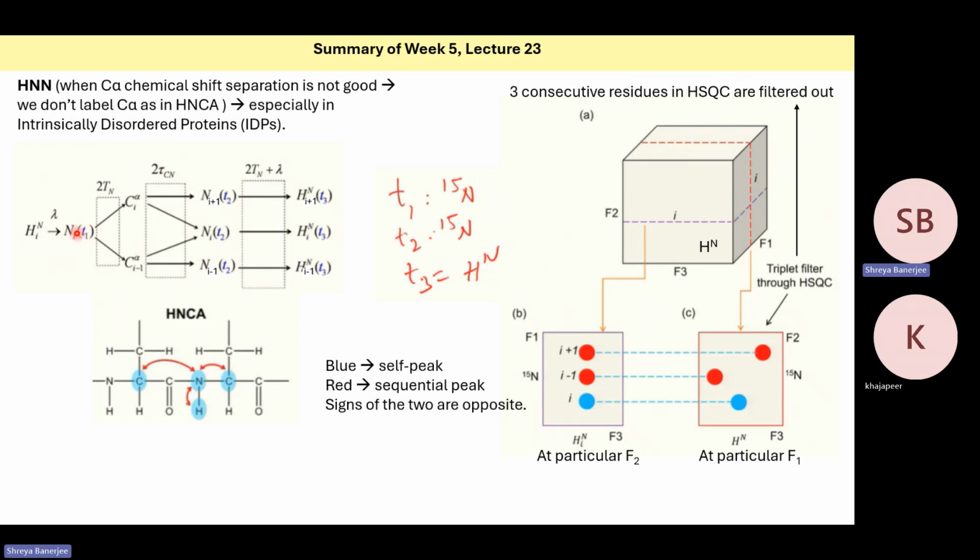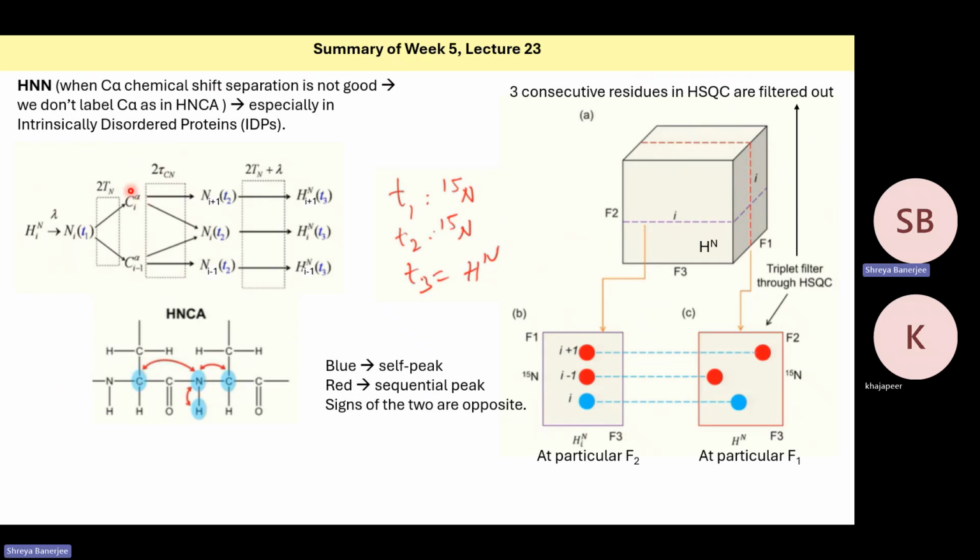Whatever is shown in the bracket as T1 forms your F1, or first frequency axis, and that is detected in the 3D spectra. So your T1 is 15N. Then from the amide N, it is transferred to the C alpha of the same residue and the C alpha of the I minus first, that is the previous residue.